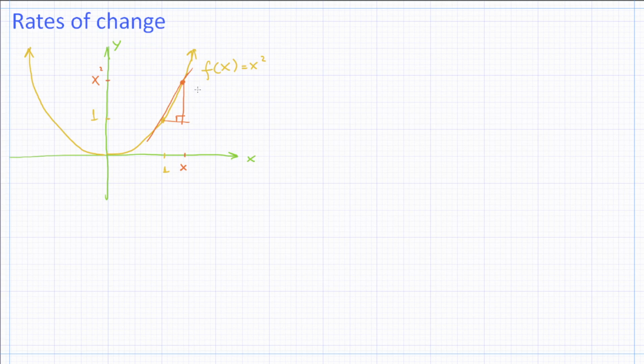And then delta y over delta x. So delta y here is going to be x squared. How much have I displaced in y? Well, how much is this length?